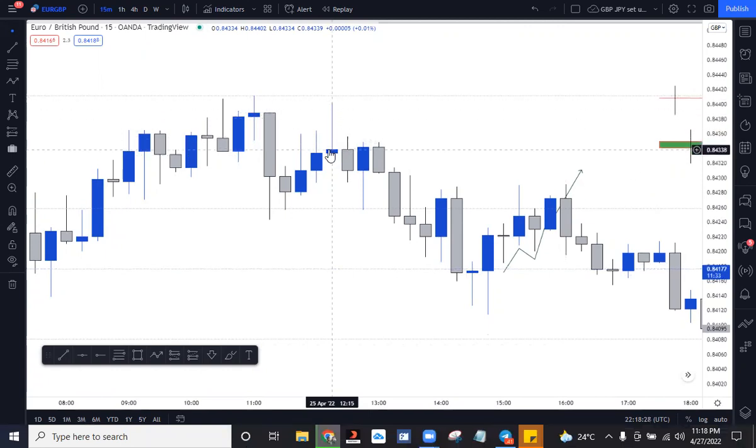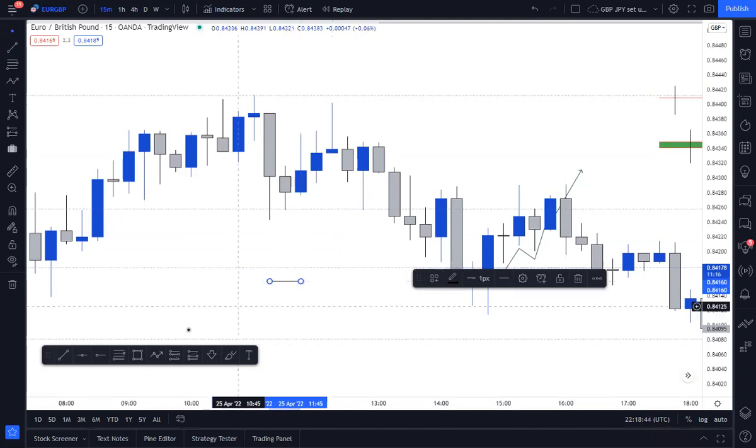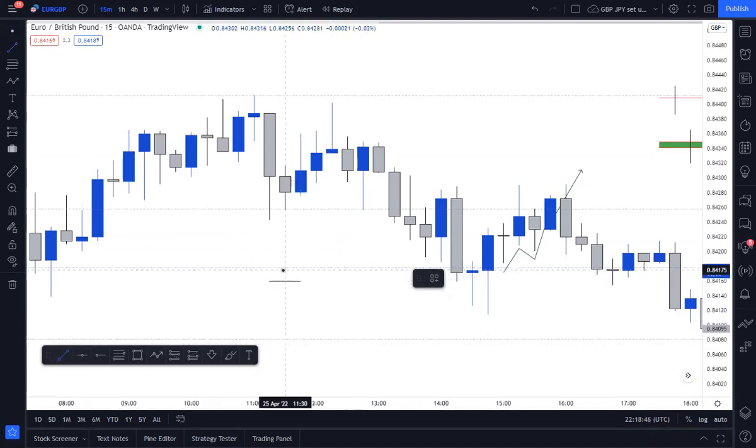This is an inverted hammer. You see it had a little body around there and closed almost in the same area. You can't call it a doji, because a doji has to close at the exact place it opened. In a doji, there has to be no body at all, just like this. This is a gravestone doji.